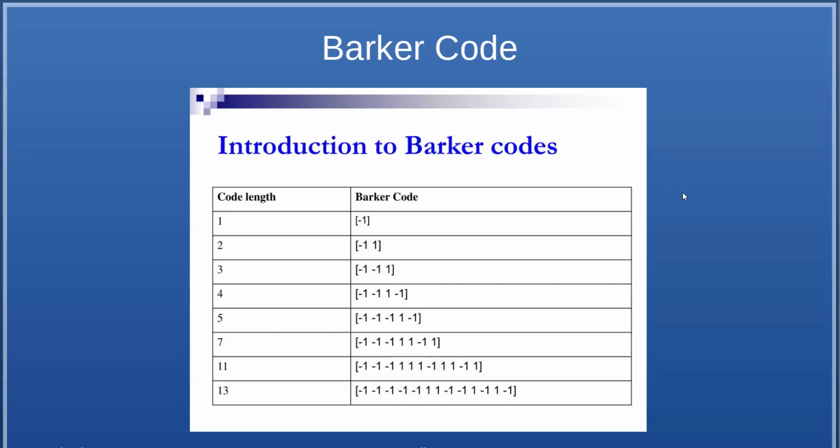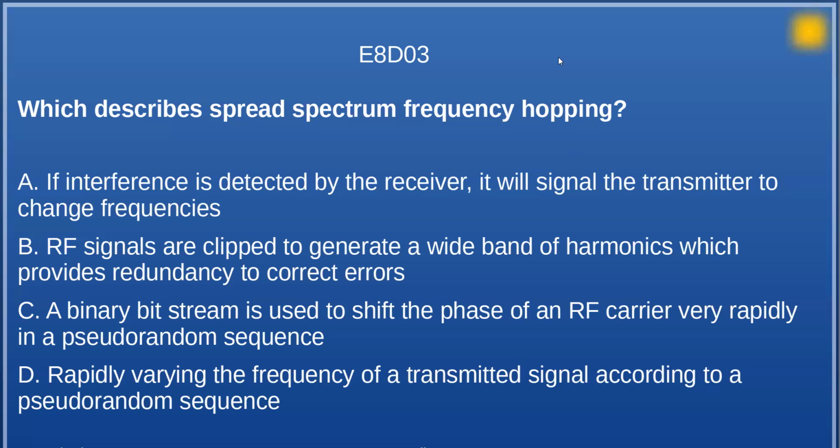So it's really doing phase shift. You're either doing a positive phase shift or a negative phase shift. It's a -1 because it's binary phase shift keying. Which describes spread spectrum frequency hopping.